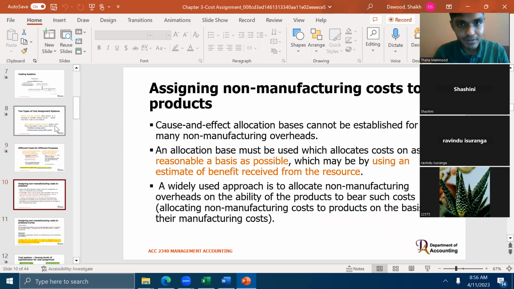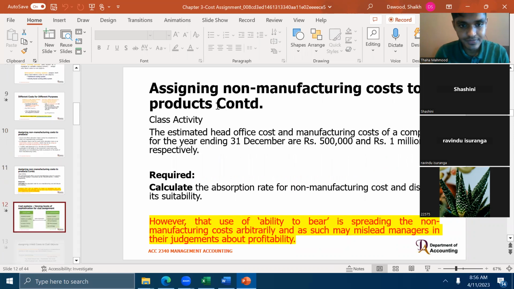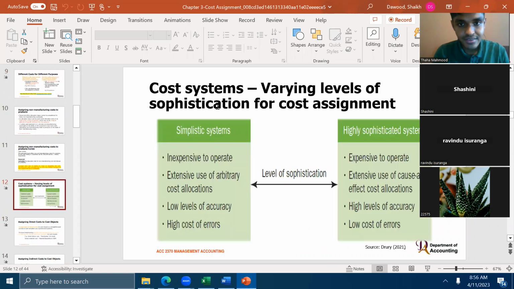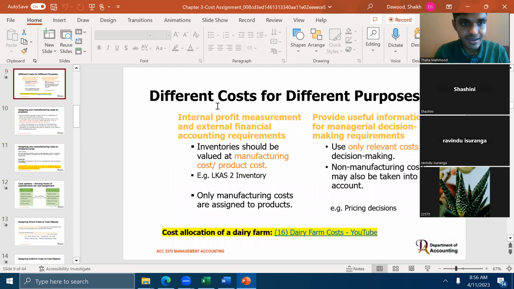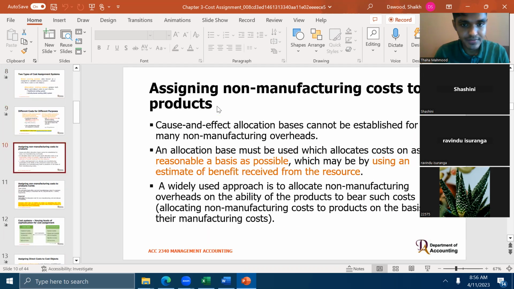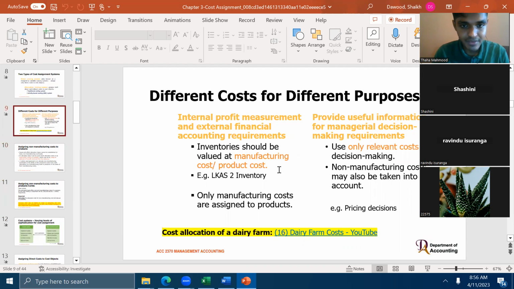This part I'll talk about. This one I did talk about. Okay, I'll talk about this also. I'll talk about costing systems when I'm talking about pricing decisions, because that happens when we are doing pricing decisions.